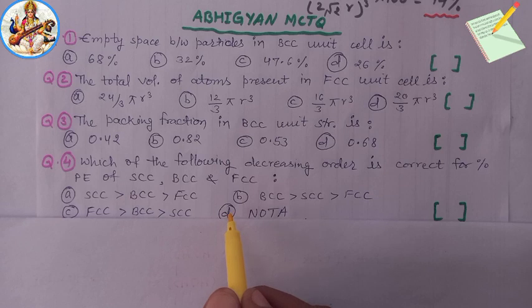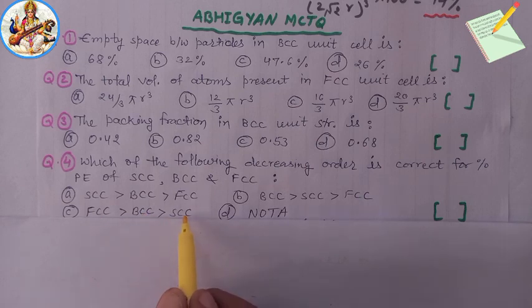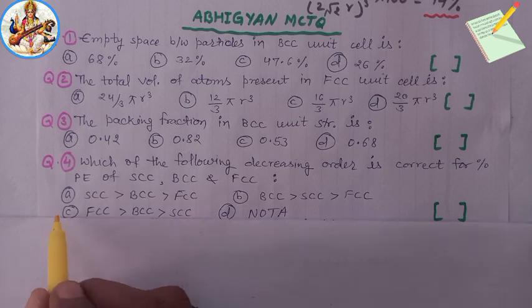So decreasing order of percentage packing efficiency is FCC 74, BCC 68 and SCC 52.4%. Therefore answer will be option C.